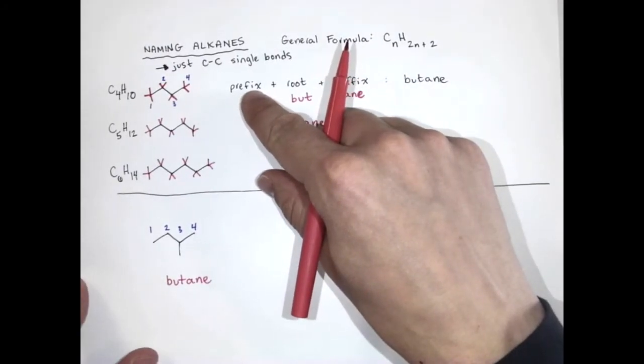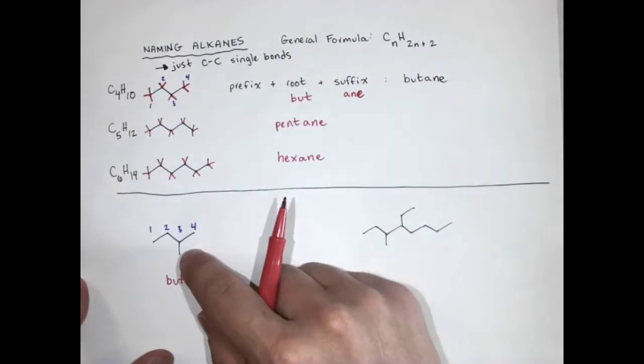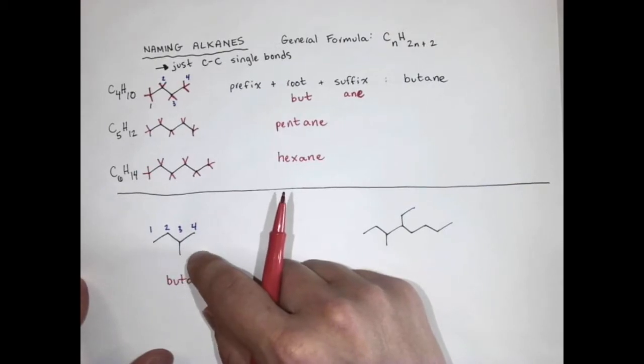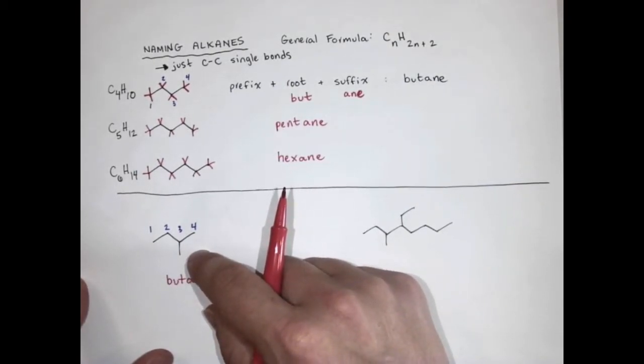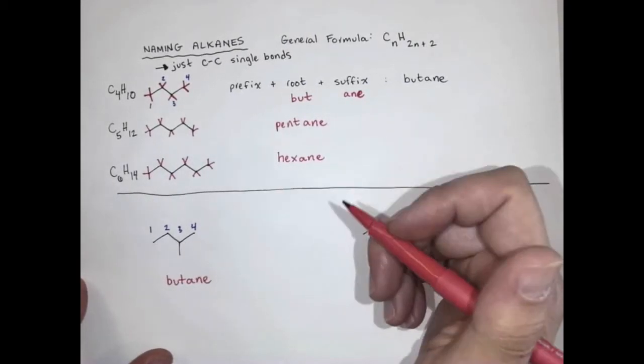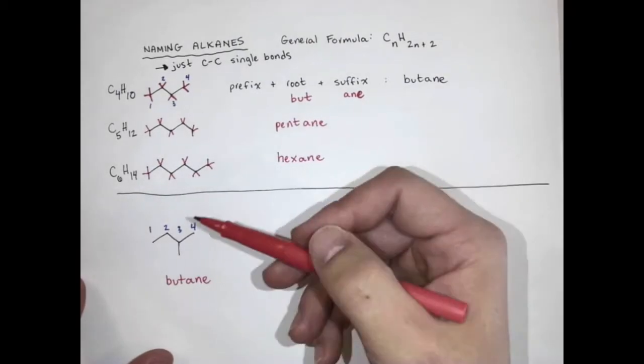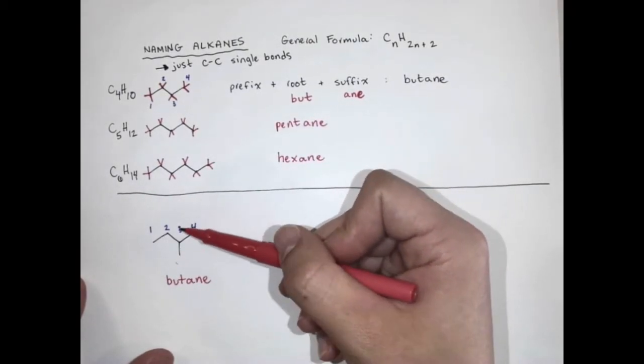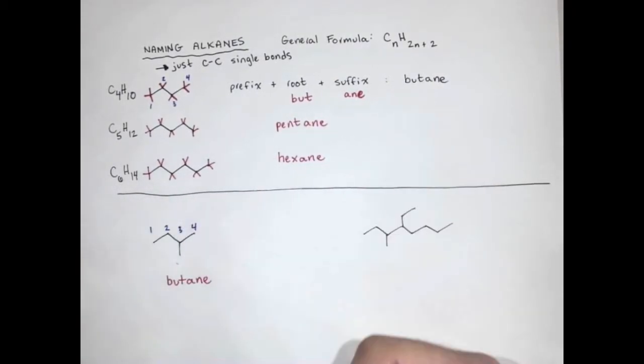The prefix is going to be used to indicate the branch, what type of branch we have coming off of the main chain, and where you can find this branch. So it first tells us how many carbons are going to be in that branch, and then it tells us where that branch is located coming off the main chain.